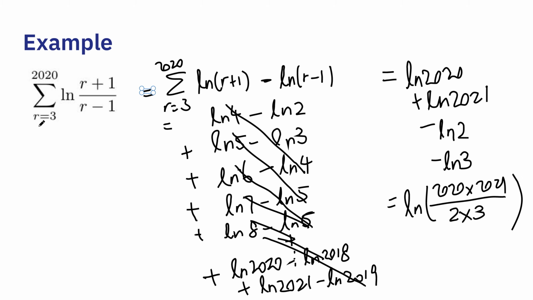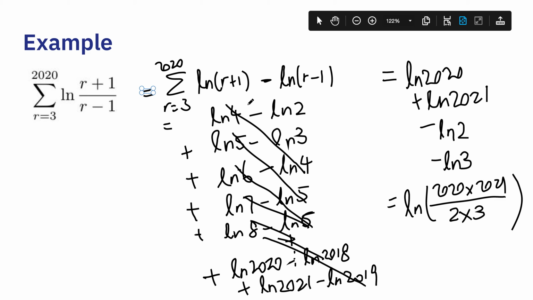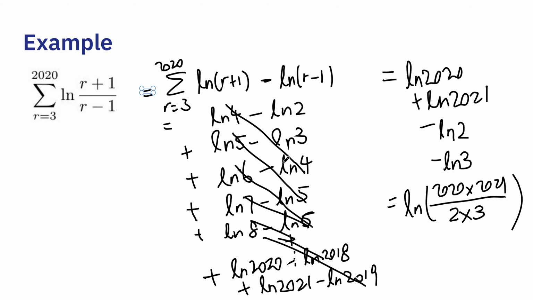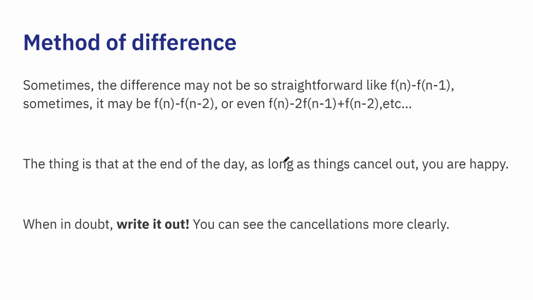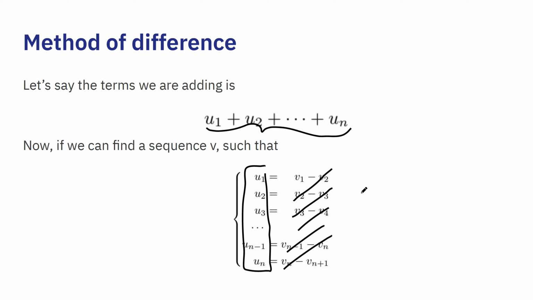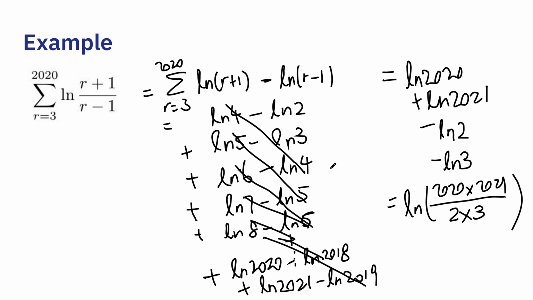So this is a way you can use the method of difference to find the summation of something that looks pretty odd. But remember, you always have to draw these lines to show the cancellation in your working. Sometimes the difference may not be so straightforward. You don't always just cancel between every 2 rows. But here we had to skip a row and cancel, right?